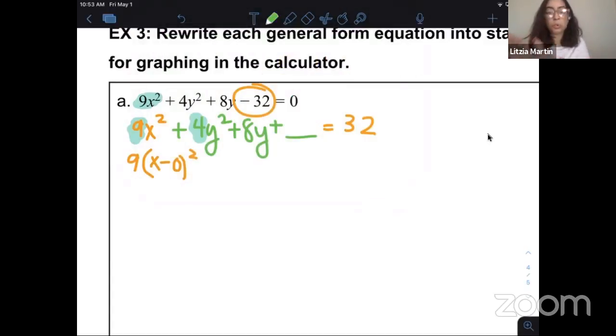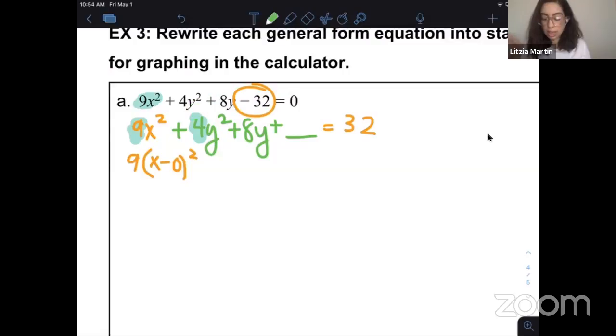So really it's just the y's that we have to complete the square for. And we have to take care of that coefficient. So what we do first, before we go into completing the square, is factor out the value of that coefficient. If it's a 4, that means I'm going to factor out 4 from both of the y terms.